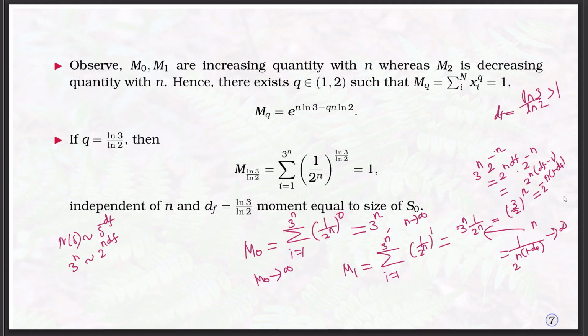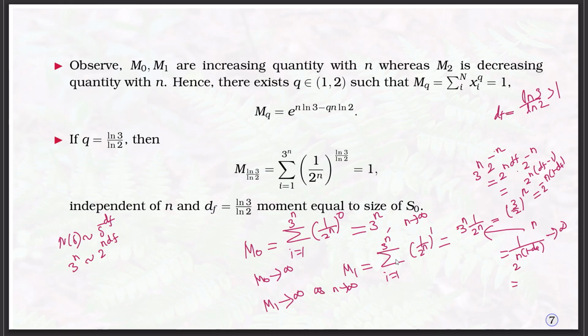Because the exponent is negative, with the negative power it again goes to positive, that means it comes to plus. So it goes to infinity. So if we apply the first moment on the remaining triangles, this tends to infinity as n tends to infinity. The first moment also tends to infinity as n tends to infinity.